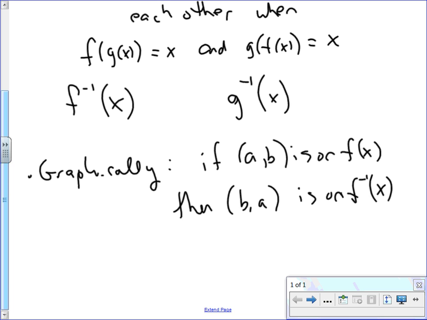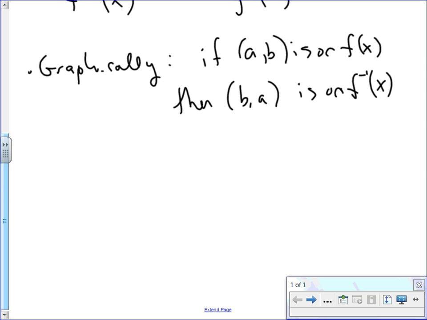But if (a, b) is on a function, then (b, a) is on the inverse of that function. Again, we've got some domain restrictions coming. This is going to look like symmetry. F and f inverse are symmetric about the line y equals x.